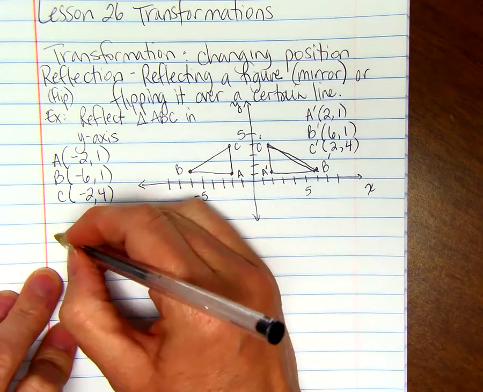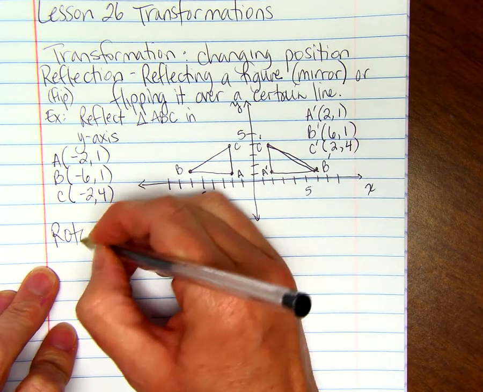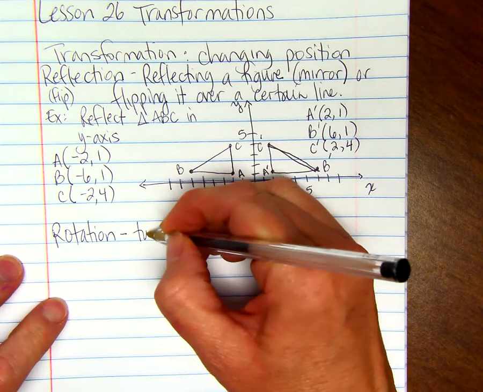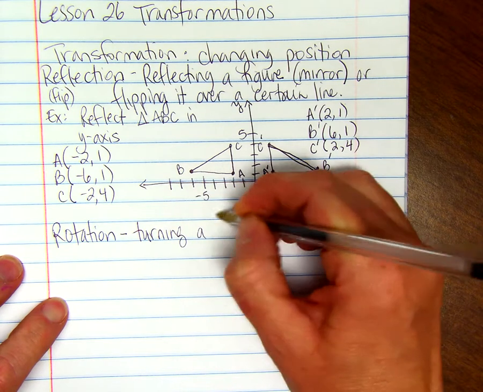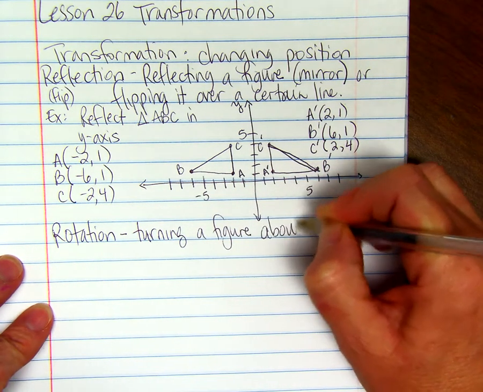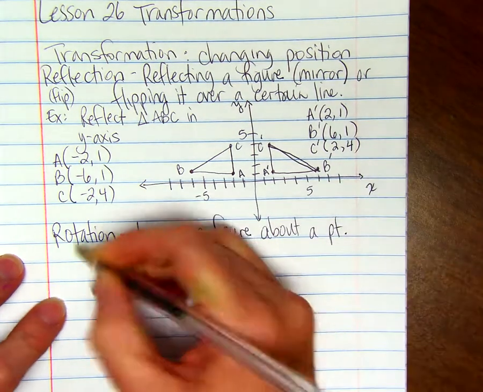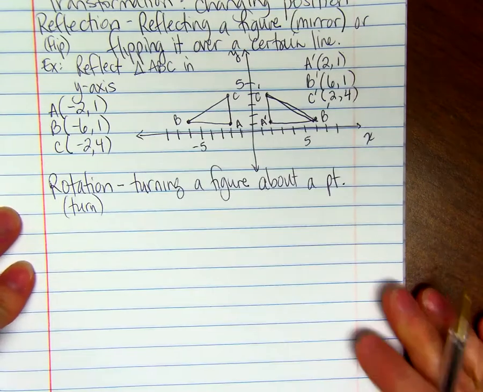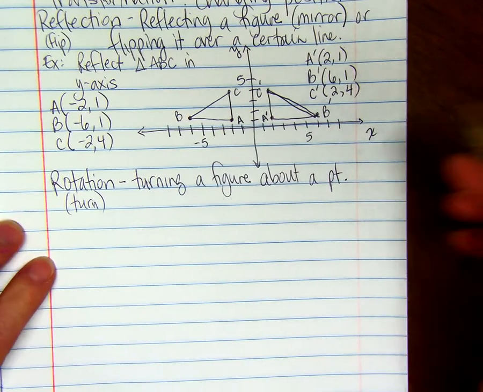The next transformation we're going to go over is called a rotation. A rotation is just turning a figure about a point. So if you think of rotation, you might think of a turn, and if it looks like the figure's being turned, then it is a rotation.